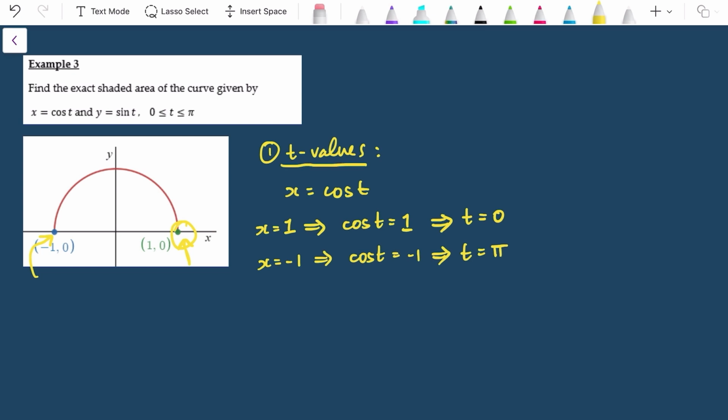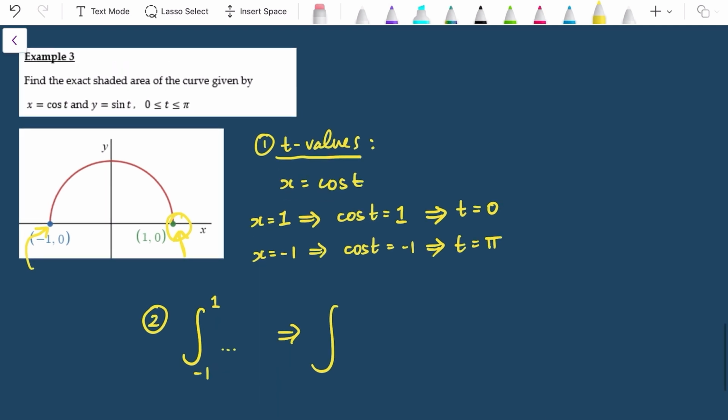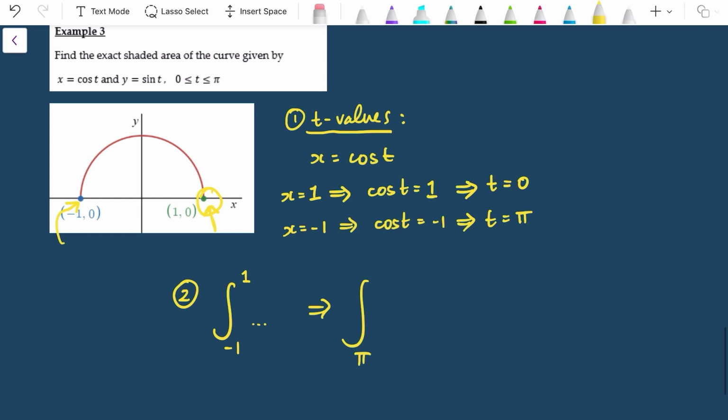So that means 1 will become 0 and -1 will become pi. So I go and solve my problem now. Before I would have had between -1 and 1, but this is now going to become between pi and 0 of y. Remember, just to recap, my formula says y times dx/dt dt.